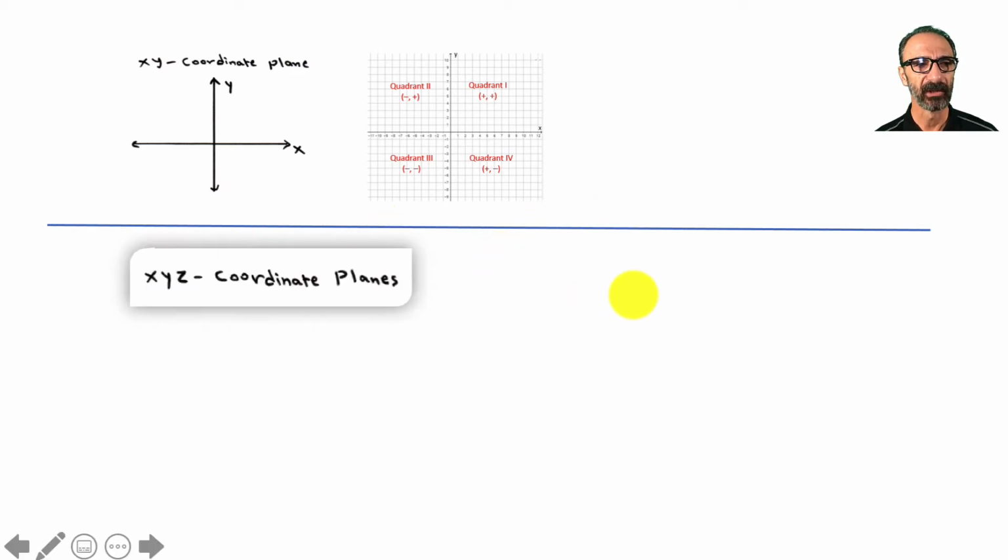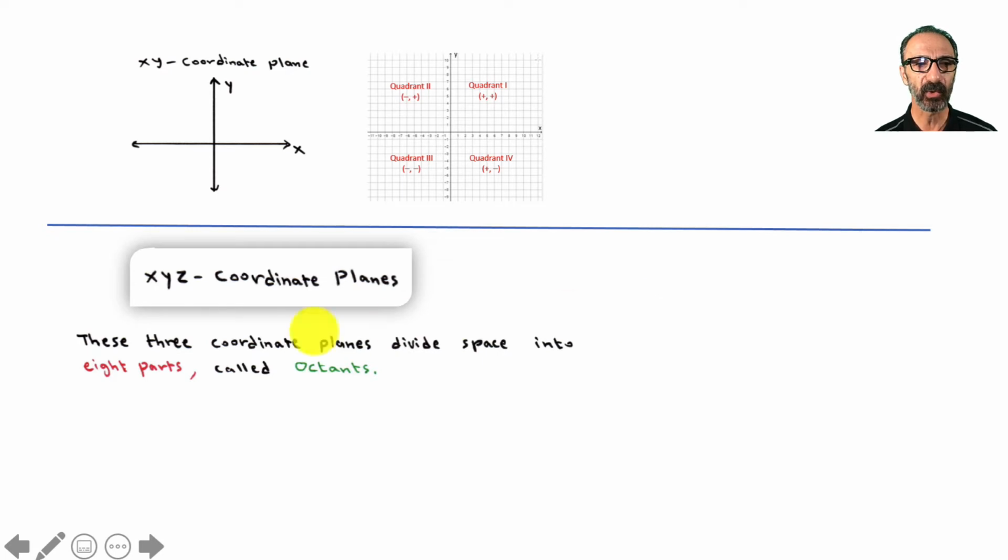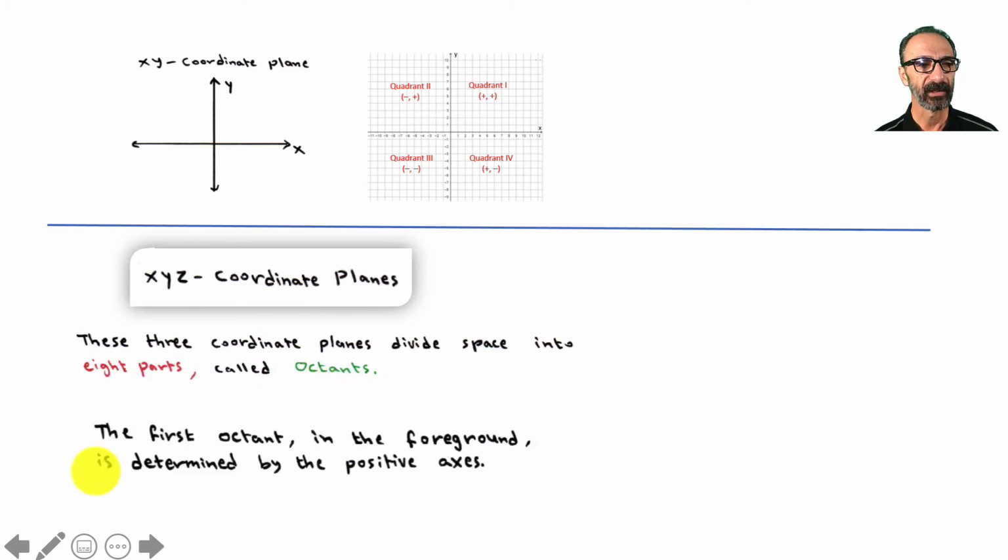So the three coordinate planes, the xy plane, the xz plane, and the yz plane, divide the space into 8 parts called octants. The first octant in the foreground is determined by the positive x, y, and z axes.